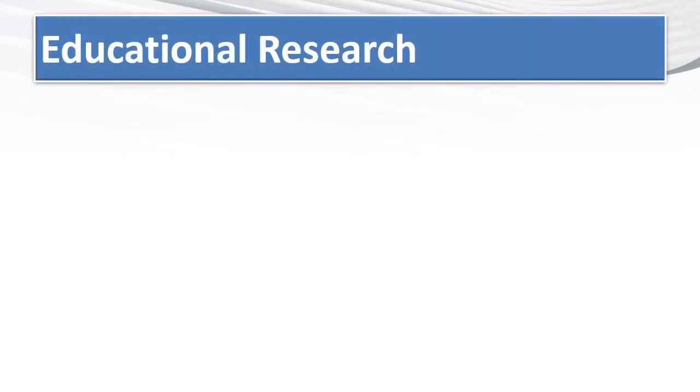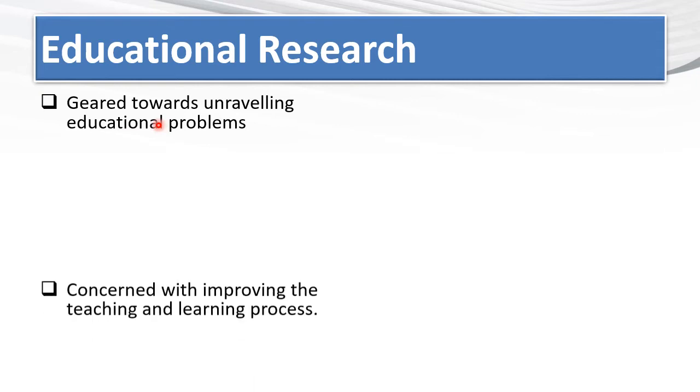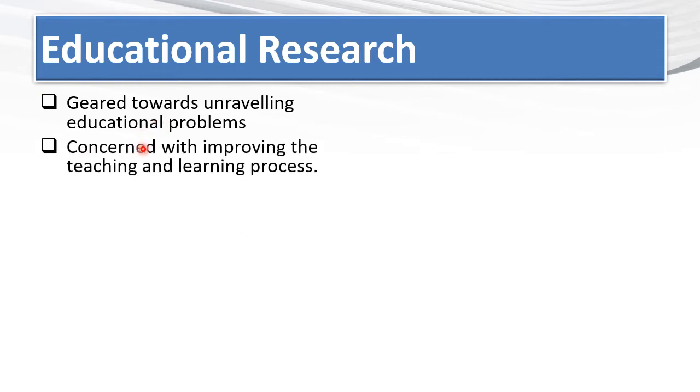So, what is educational research? When we talk about educational research, it is geared towards unraveling educational problems. So, educational research is focused on solving problems that are associated with education. It's also concerned with improving the teaching and learning process.